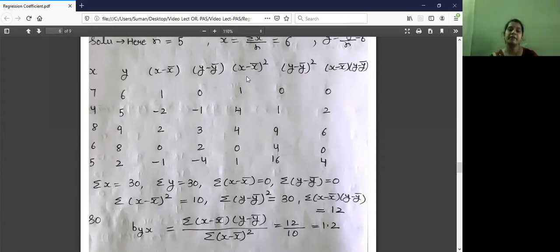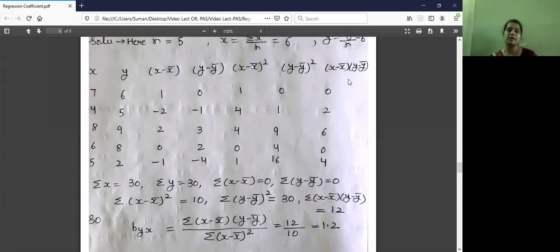Again, we find the square of x minus x bar. So 1 whole square is 1, minus 2 whole square 4, 2 whole square 4, 0, 0, minus 1 whole square plus 1. Again, y minus y bar whole square. So 0, minus 1 whole square plus 1, 3 whole square 9, 2 whole square 4 and minus 4 whole square is equal to 16.